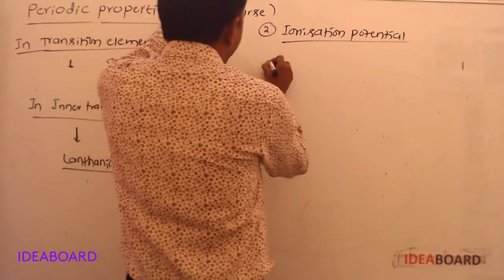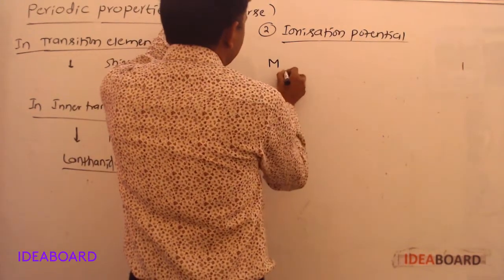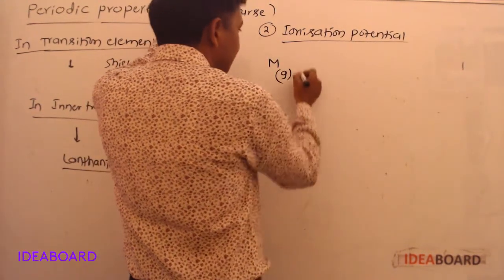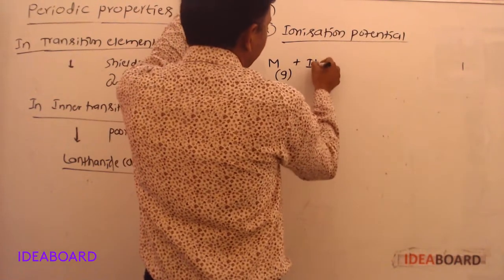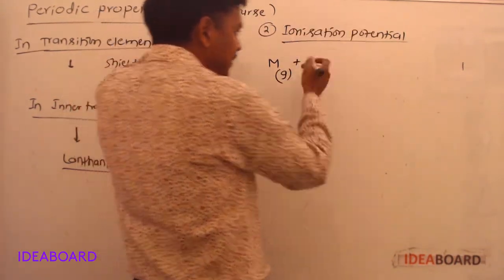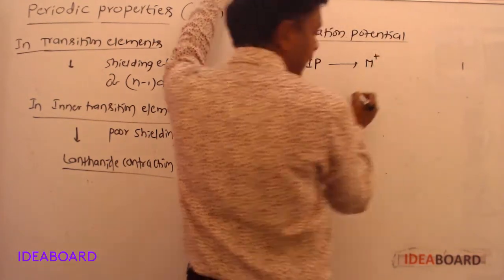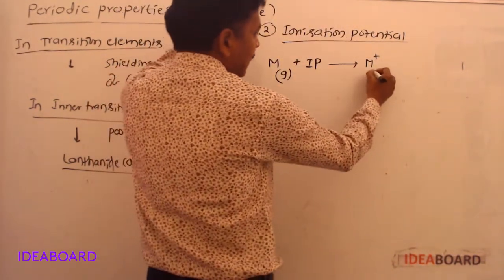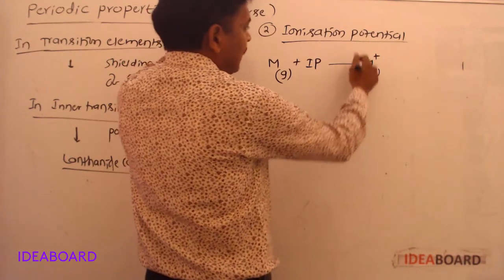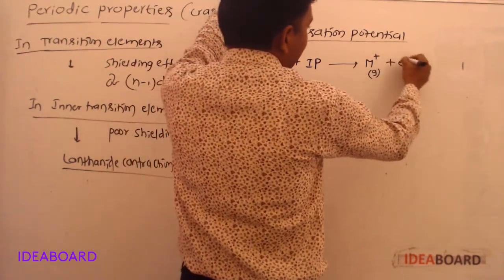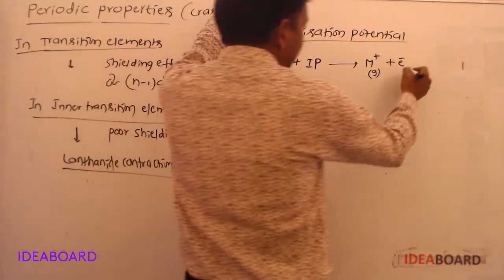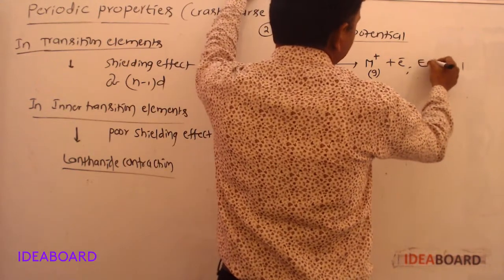I am taking M as a neutral gaseous atom. M plus ionization potential, IE, gives rise to, after removal of one electron, a gaseous ion, M plus, plus that electron. This is an endothermic process.